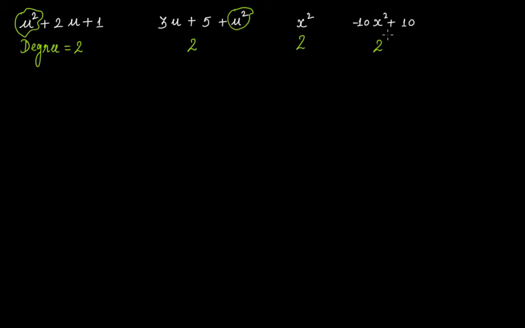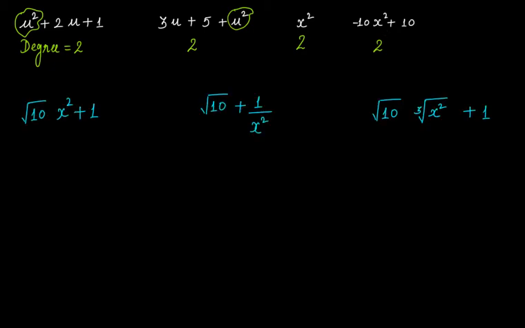Okay. What about these polynomials or these algebraic expressions? This is square root of 10x squared plus 1. Now clearly this is a term that we have to pay attention to, and x squared tells us that the degree of this polynomial is 2. Therefore, this is also a quadratic polynomial.